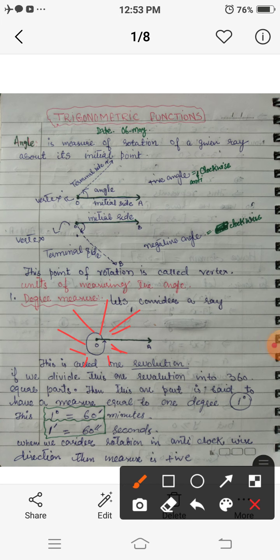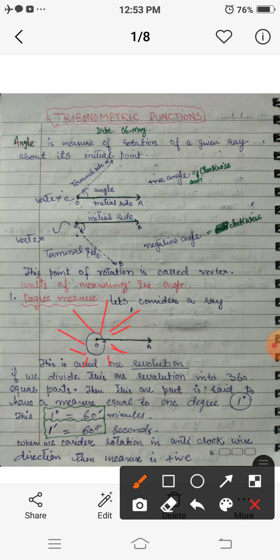Then when we divide this into 360 parts, one such part is simply called the angle whose measure is 1 degree. So what is 1 degree?